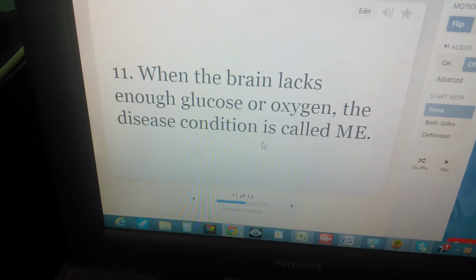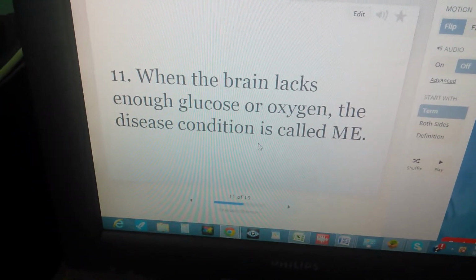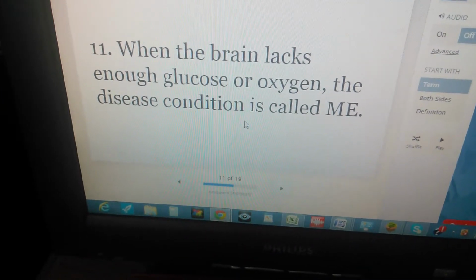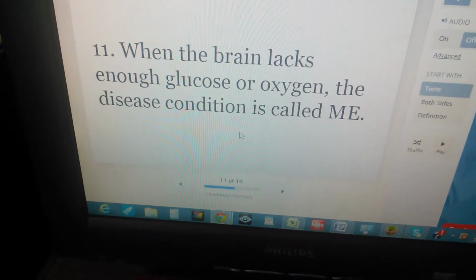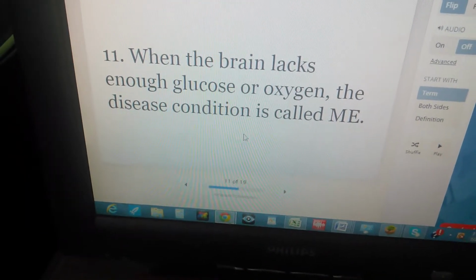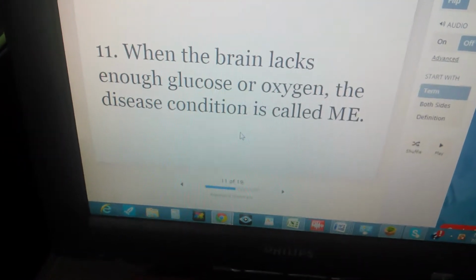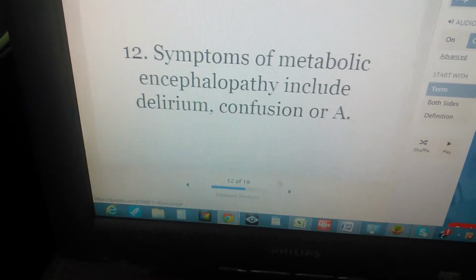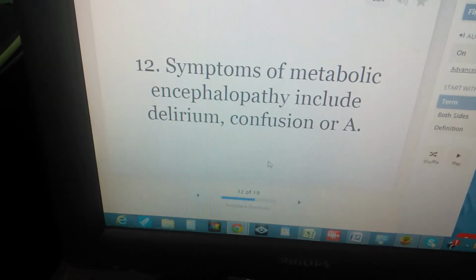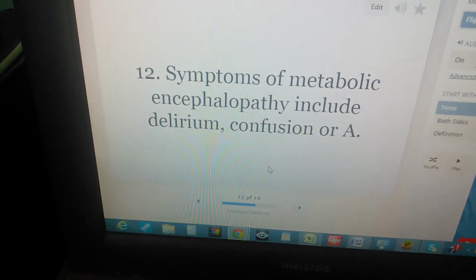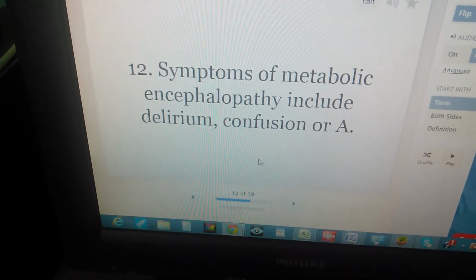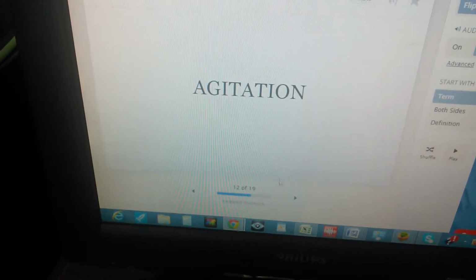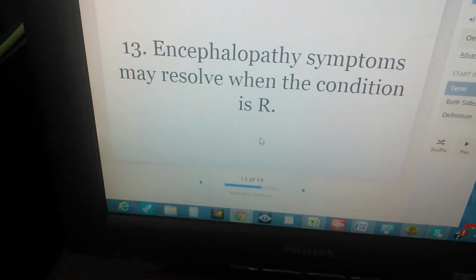Okay, my turn. Your turn. Now we're going to switch, and Stephanie's going to read the question first, and I'm going to read the answer. 11. When the brain lacks enough glucose or oxygen, the disease condition is called ME... Metabolic encephalopathy. 12. Symptoms of metabolic encephalopathy include delirium, confusion, or A... Agitation. 13.